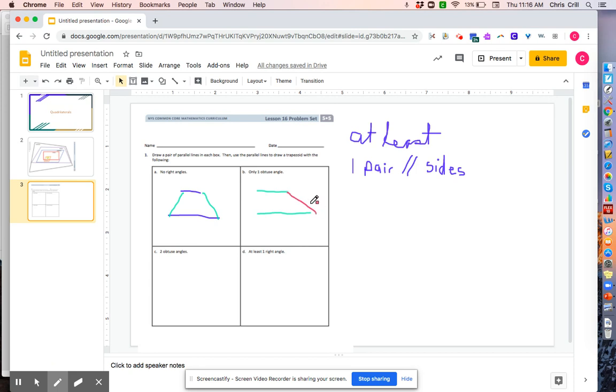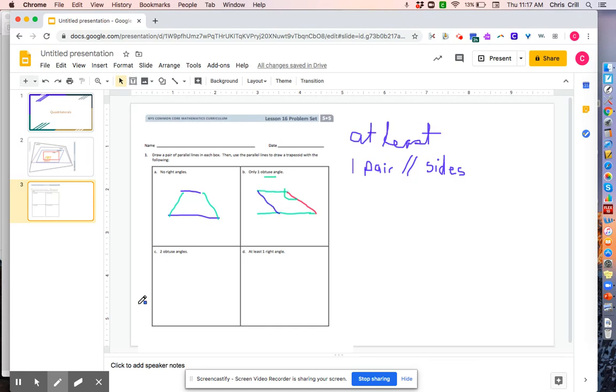So here's my obtuse angle. Let me stretch this line out a little bit. Right here is my obtuse angle. But I can't have a second obtuse angle. So I can make two acute angles. Or I can make a right angle.